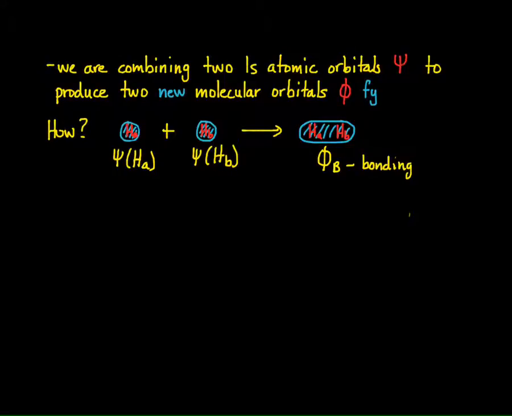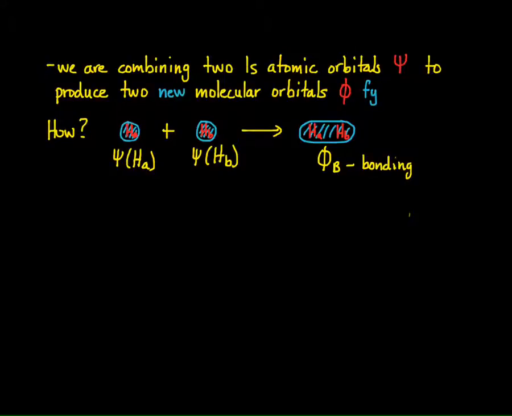Now, an important aspect of molecular orbital theory is that when you combine two orbitals, be they atomic or molecular, you must produce two new orbitals. So notice what I said up there. In this process, they're coming together, they're bonding together, but I've only produced one new molecular orbital.